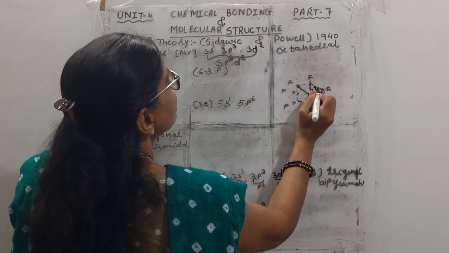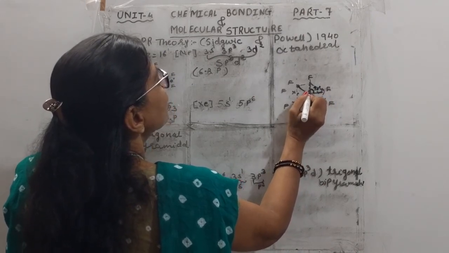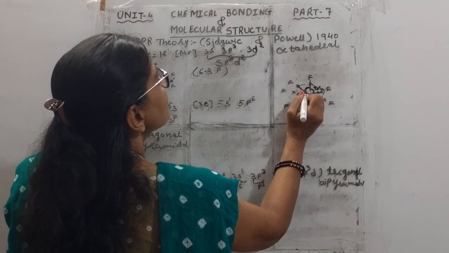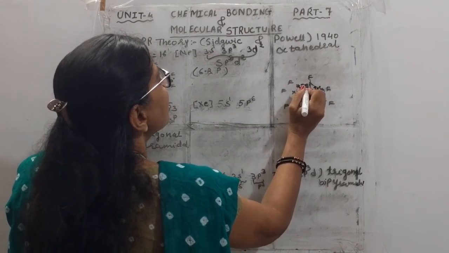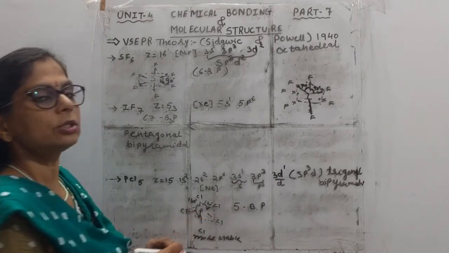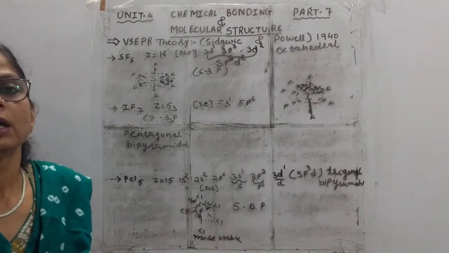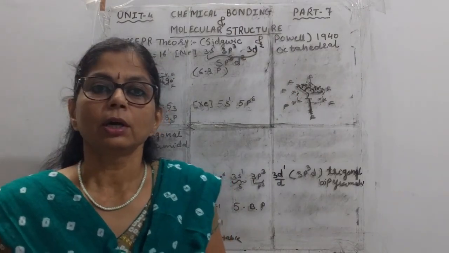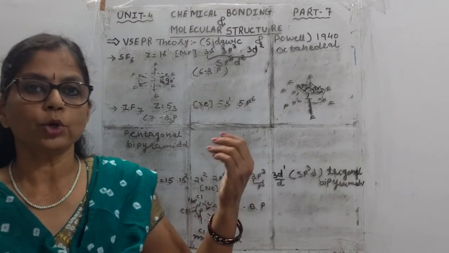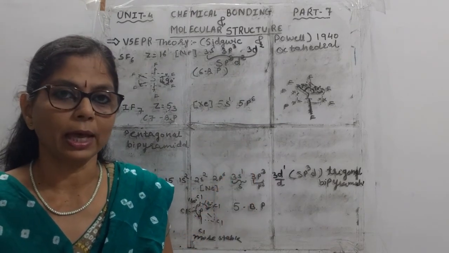It is having 90 degree and also less than 90 degree, nearby 72 degree. So this way you can draw the geometry for the VSEPR theory postulate given by Sidgwick and Powell.